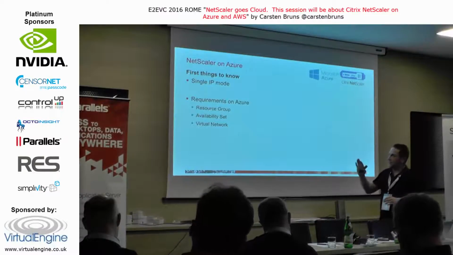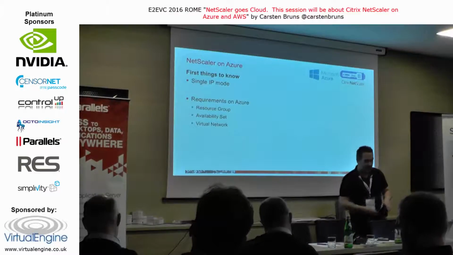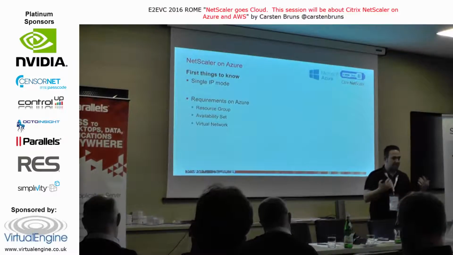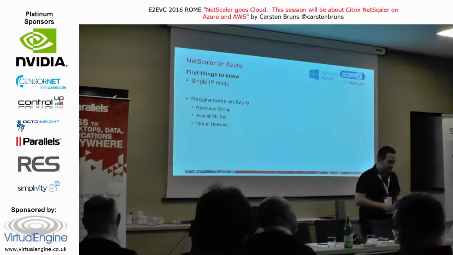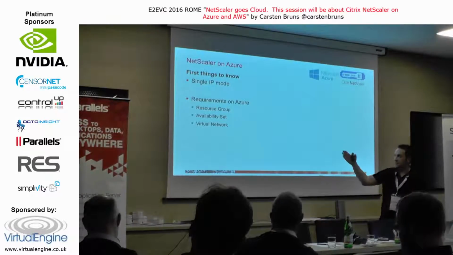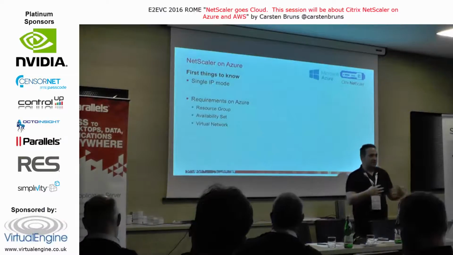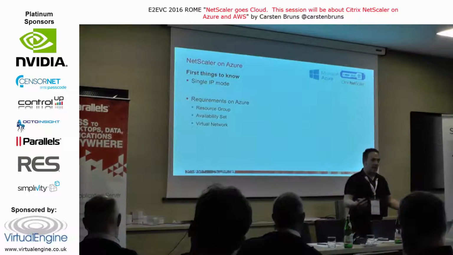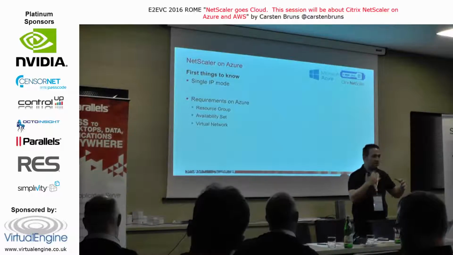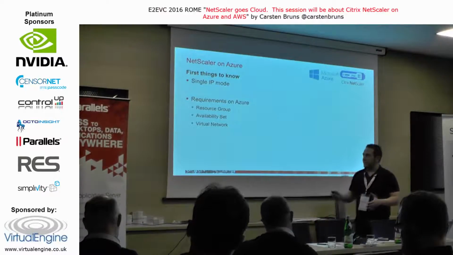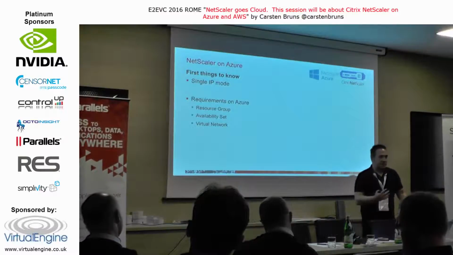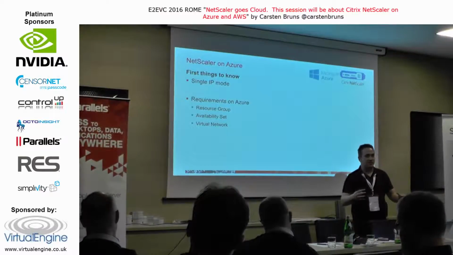We have some requirements on Azure, what you need to do first before you deploy a NetScaler. You need a resource group. This is where we put all your virtual machines and all your networking stuff, and this is needed in Azure.